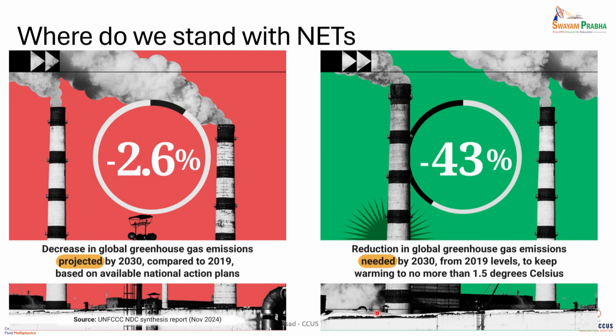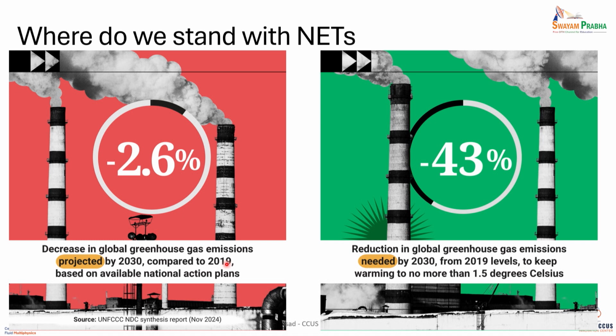Okay, so again, a scorecard. Where do we need to be and where we are? Net. We are projected to decrease global greenhouse gas emissions, GHG emissions, by 2.6% by 2030. And this 2.6% is compared to 2019 levels.